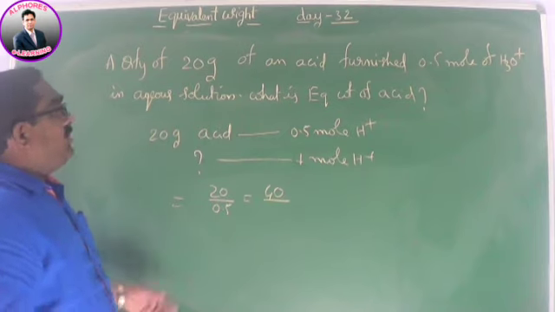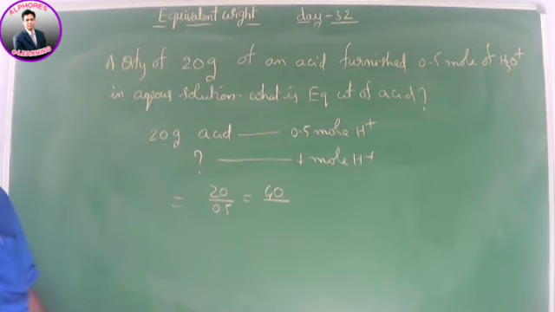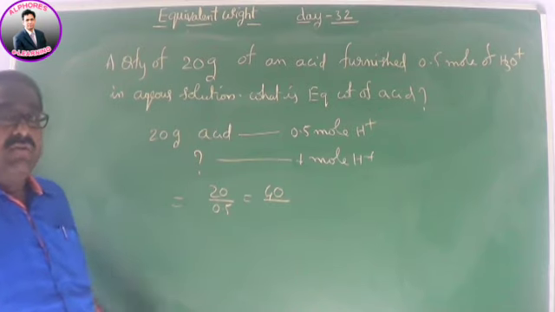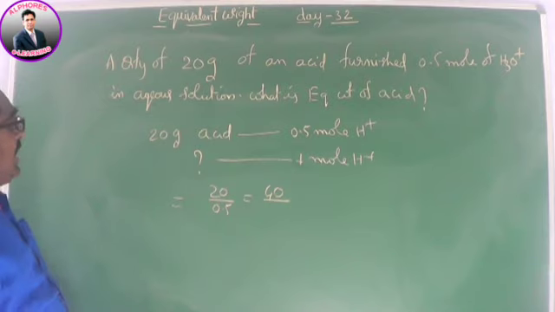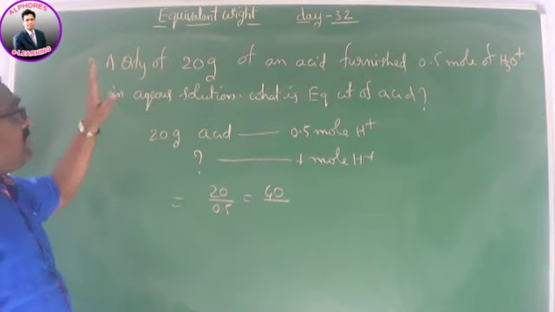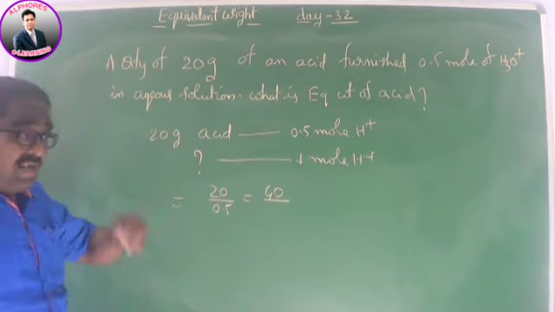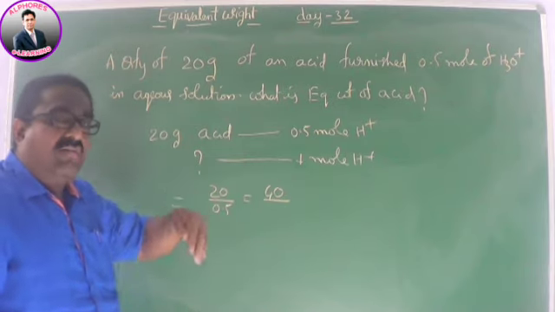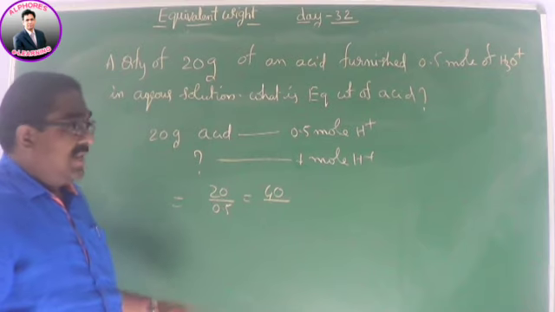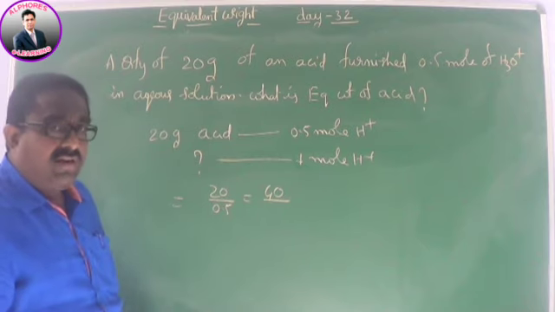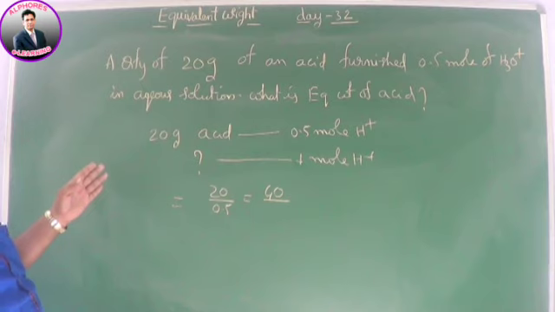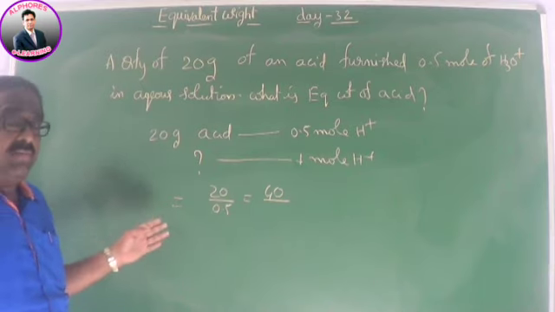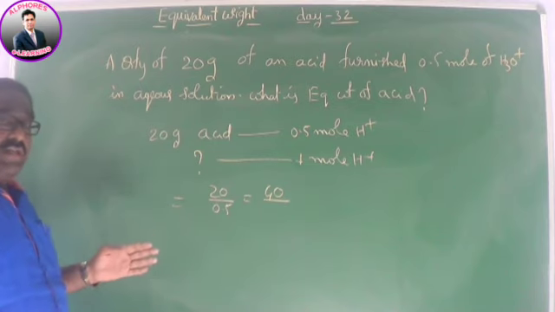Students, with this I am going to conclude this session, and in the next session I will continue the numericals based on the same equivalent weight, but in-depth numericals, that is, advanced level numericals. Tomorrow in the next session I will discuss with you, and meanwhile please concentrate and revise all the questions that I have taught you from the past 2 sessions.